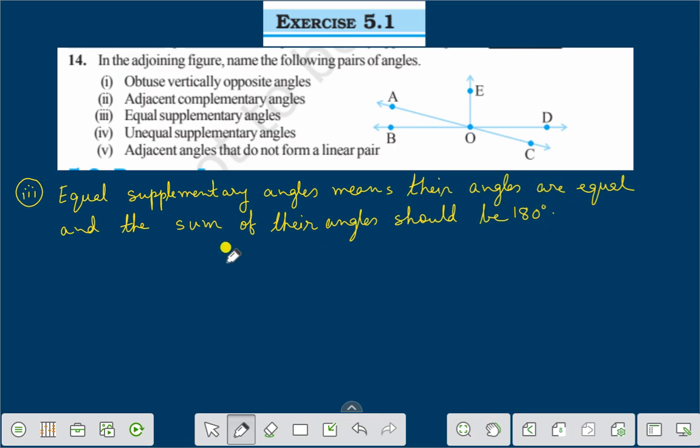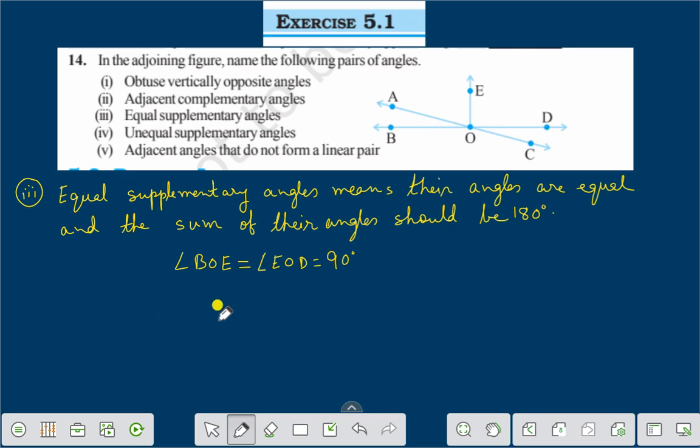Now from the figure we are finding that angle BOE is equal to angle EOD, and all the angles are 90 degree, right?